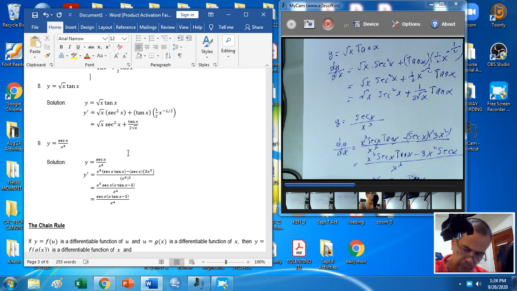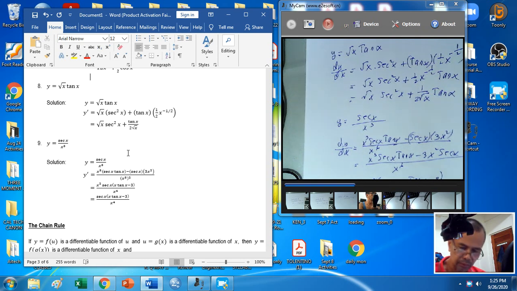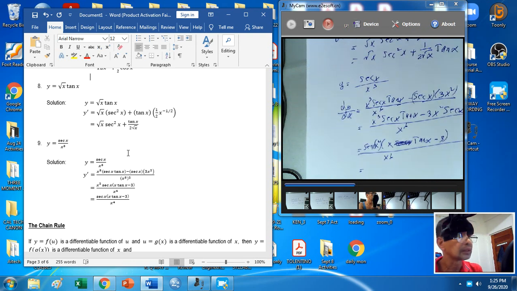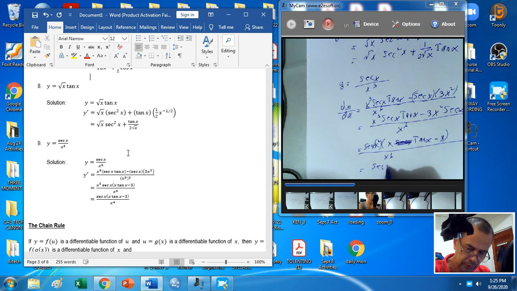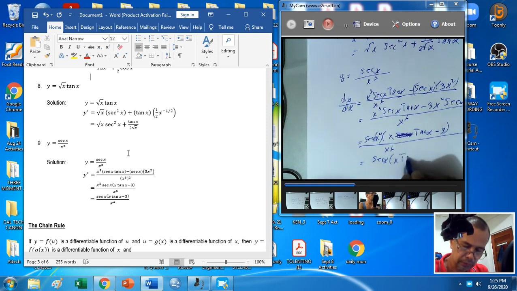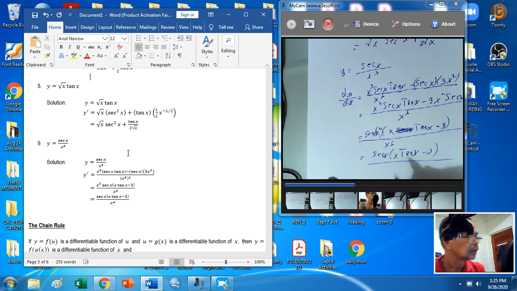So there is no more secant x here in the second term, x tangent x lang, minus just 3, over x to the 6. So what happens is it becomes secant x times x tangent x minus 3 over x to the 4th. Okay.